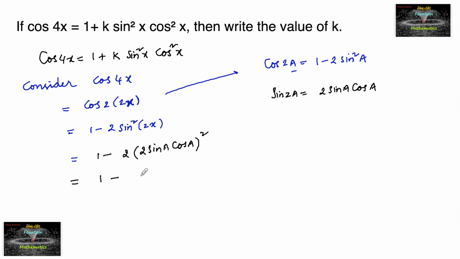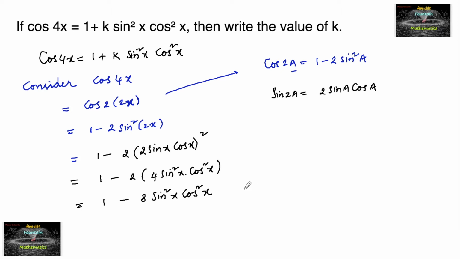So this can be written as 1 minus 2 times 4 sin square x, that is 2 sin x cos x whole square, that is 4 sin square x into cos square x, which equals 1 minus 8 times sin square x into cos square x.